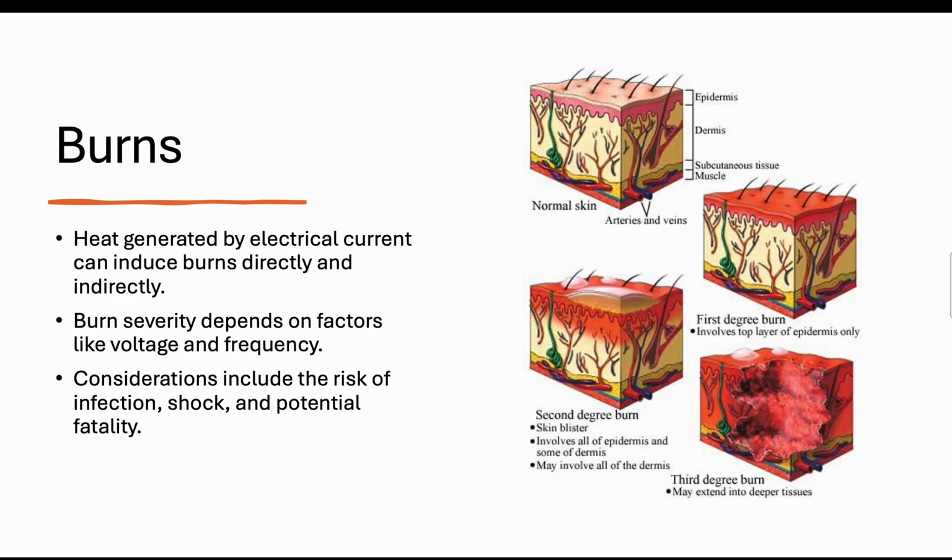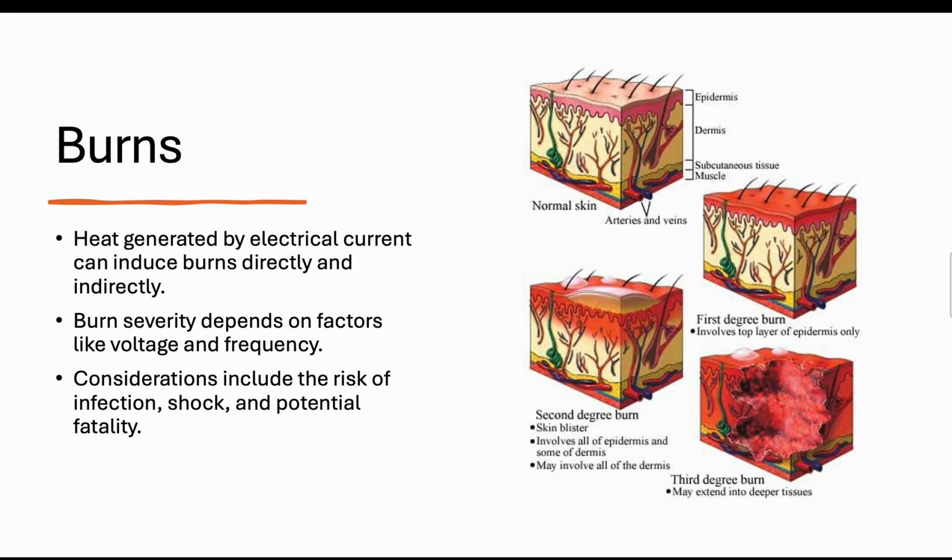In this last picture is third degree burns, which extends to deeper tissues and might include the fat layers beneath. Third degree burns normally require immediate medical intervention, and could possibly use skin grafts, which is transferring skin from elsewhere to the individual, and this is normally associated with a high risk of scarring.